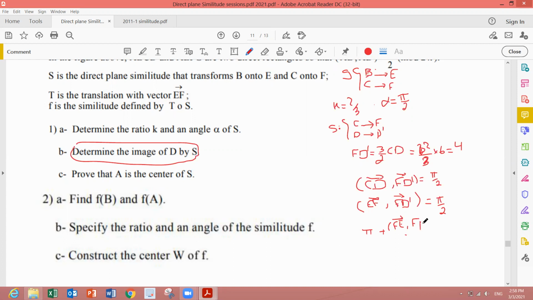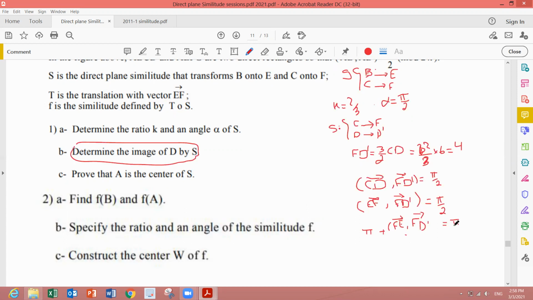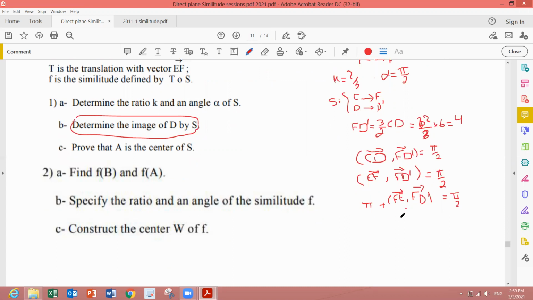FD prime equal pi/2, then FE, FD prime equal minus pi/2.